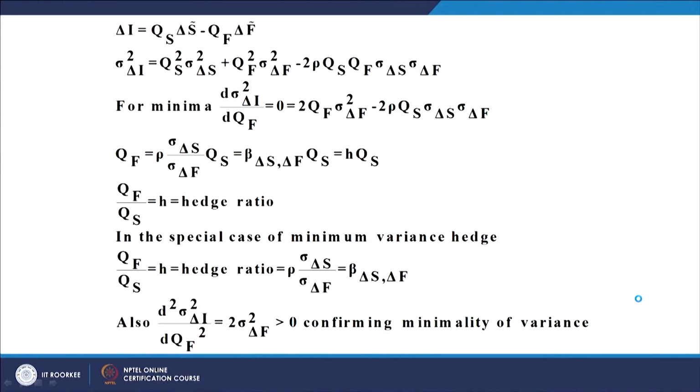Last time we arrived at the optimum number of contracts, the optimal hedge ratio, and therefore the optimal number of contracts that have to be taken in the futures market to hedge a particular exposure in the spot market.